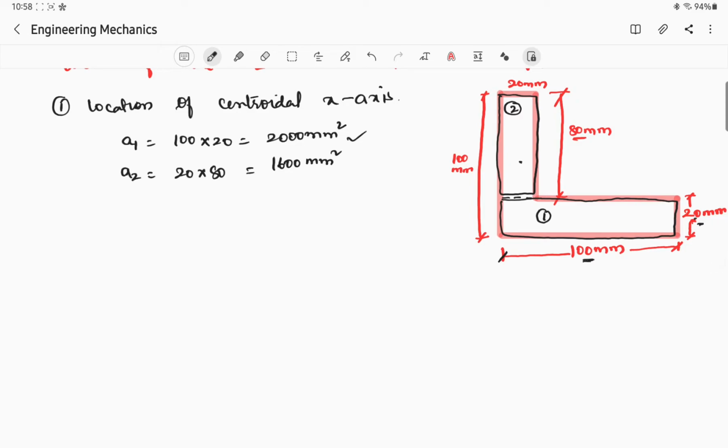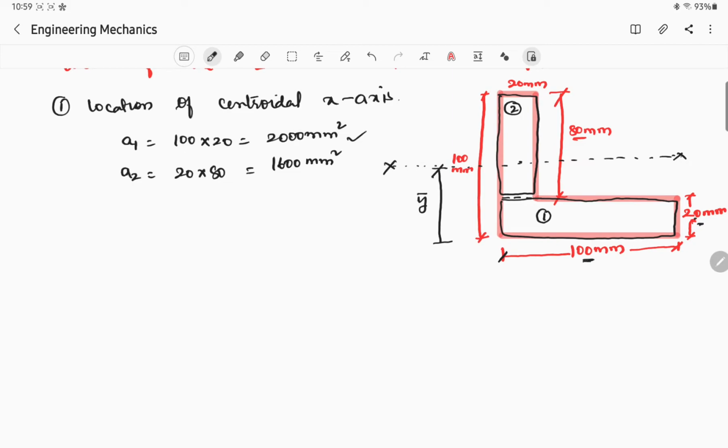Now I have to locate the centroidal x-axis. So suppose, for example, my centroidal x-axis is somewhere here. This is my centroidal x-axis. So this distance I have to calculate, right? So let this distance be y bar.